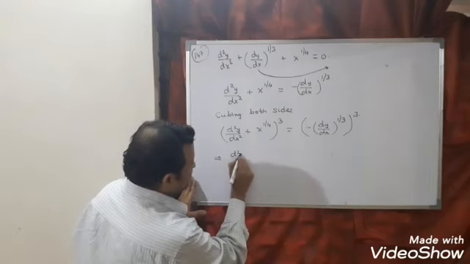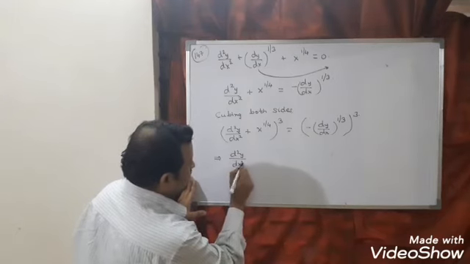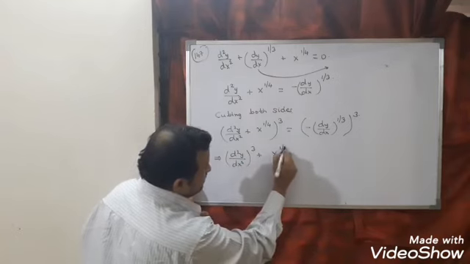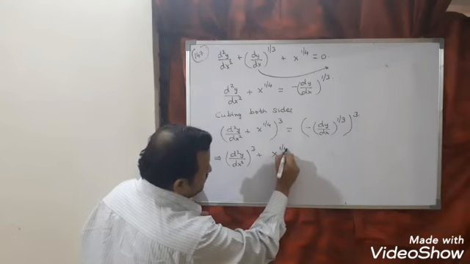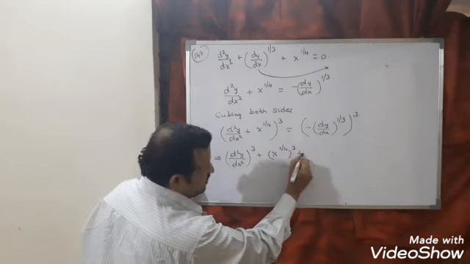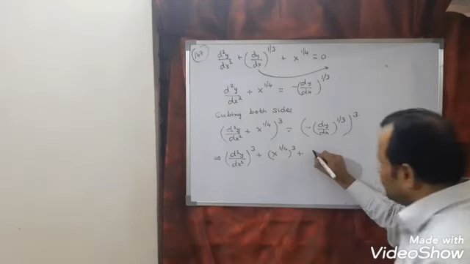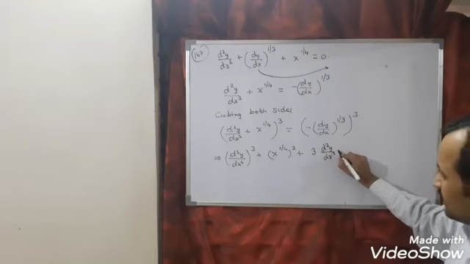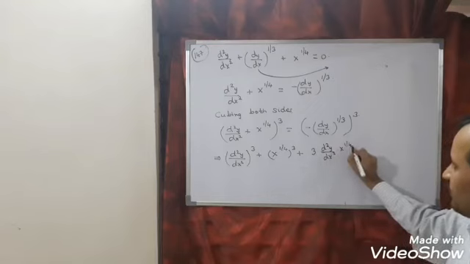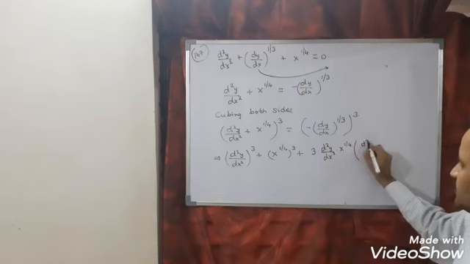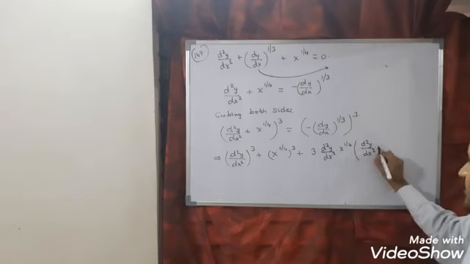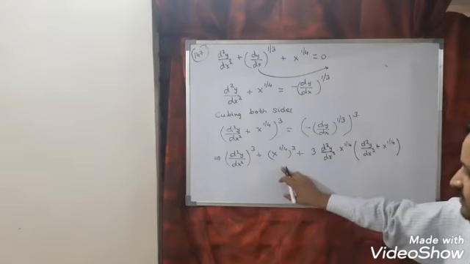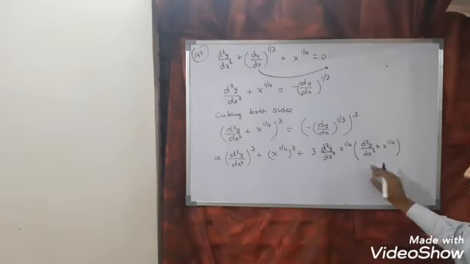So a cube, so d square y by dx square cube, plus b cube, so it is x to the power 3 by 4, plus 3ab into a plus b, so 3 into d square y by dx square into x to the power 1 by 4 into a plus b, so it is d square y by dx square plus x to the power 1 by 4.